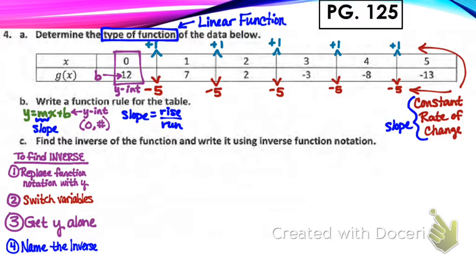Which axis goes up and down? Y. The y-axis. So I'm looking at how much my y's changed by each time. Yes, this is the change in y, which was -5. Over run is which way? X-axis. So it's going to be divided by the change in my x values.